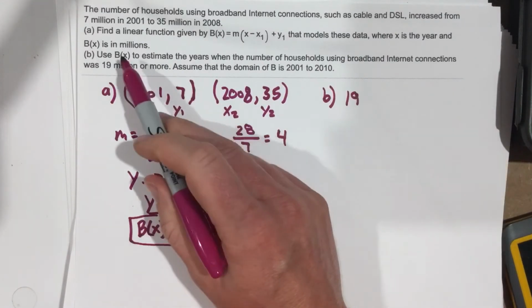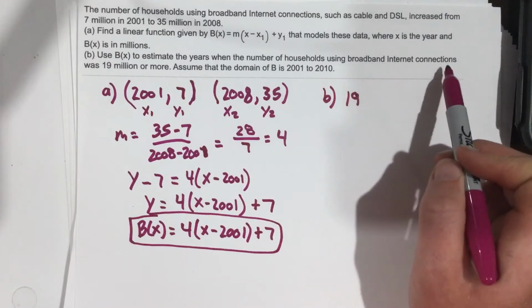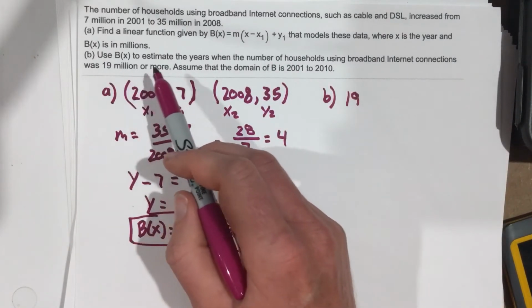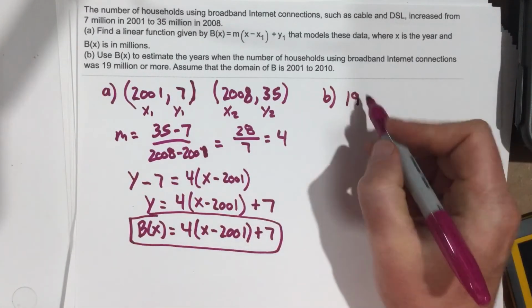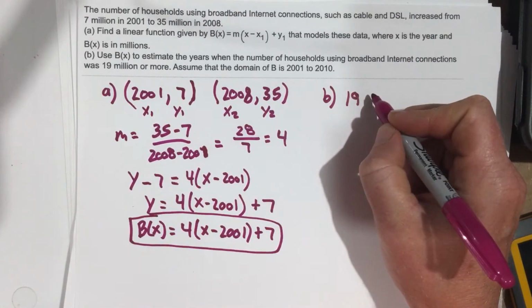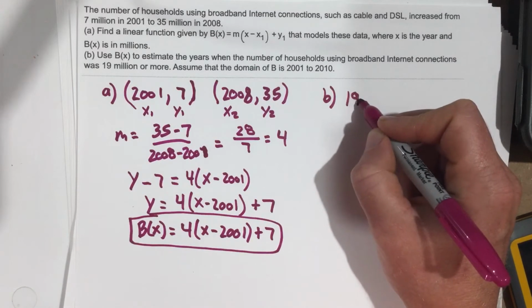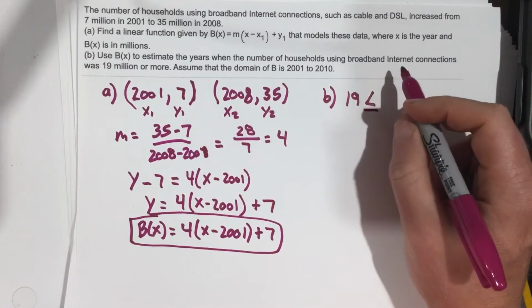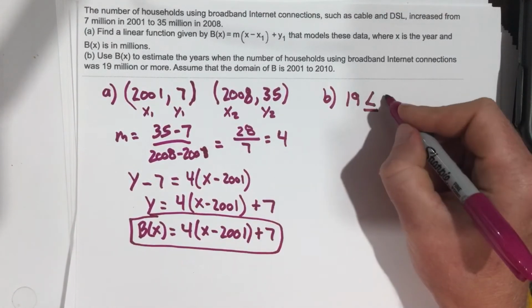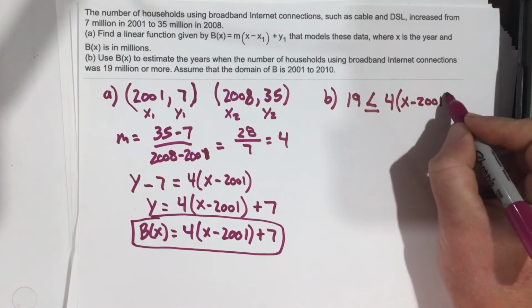So 19 million is going to be the smallest, because we want it to be bigger than 19. So we're going to say 19 is less than or equal to our function right here, which is 4 times x minus 2001 plus 7.